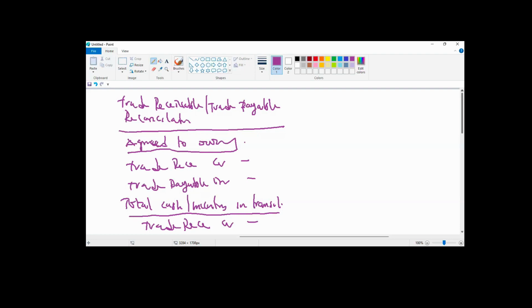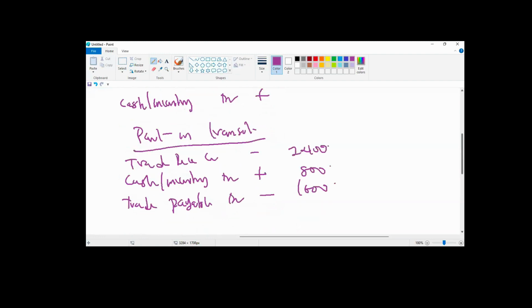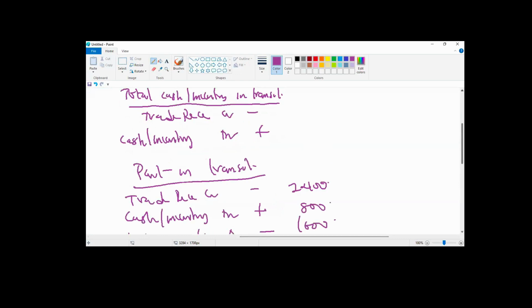Second one, he has transferred all the total cash. Total cash is in transit. That is the first one. That is the second one. Trade receivable credit.